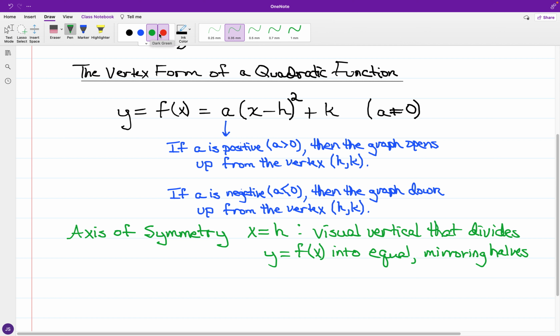Where we have h also involved, again, this is just going back to the vertex (h, k). That is going to be the point from which the function is going to open.